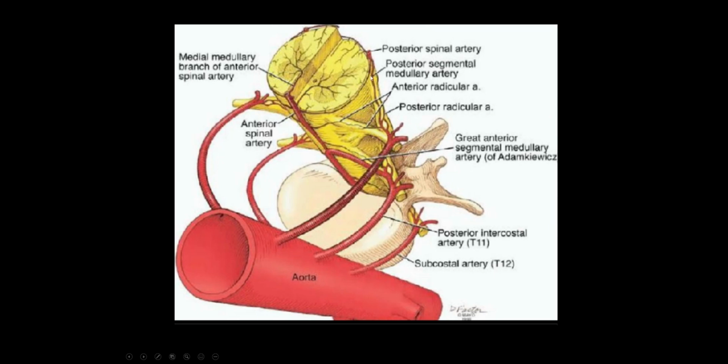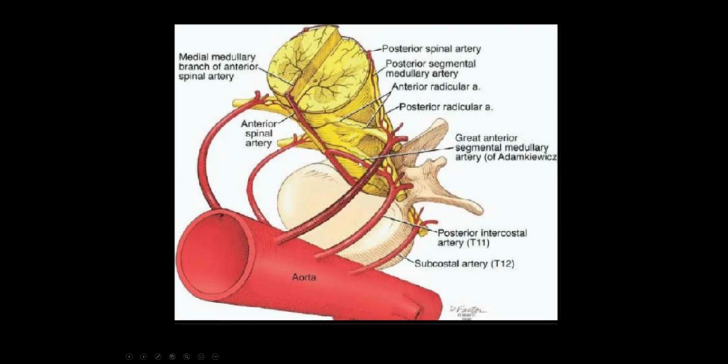Every nerve root has a radicular artery that travels along with it. But it turns out that only about 7 or 8 of these meaningfully contribute to blood supply to the spinal cord. The largest radicular artery we can see right here is the artery of Adamkiewicz, which supplies the anterior spinal artery.